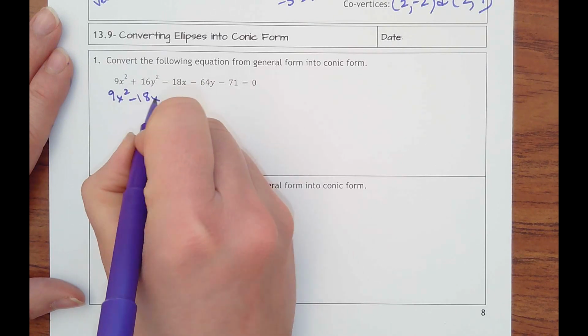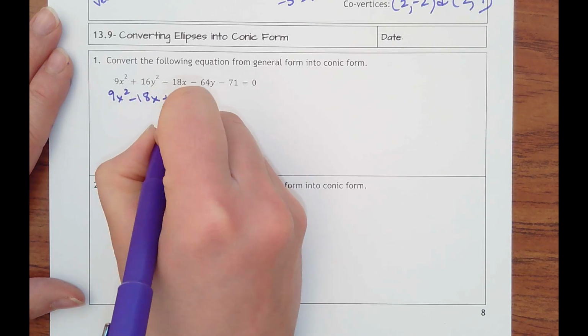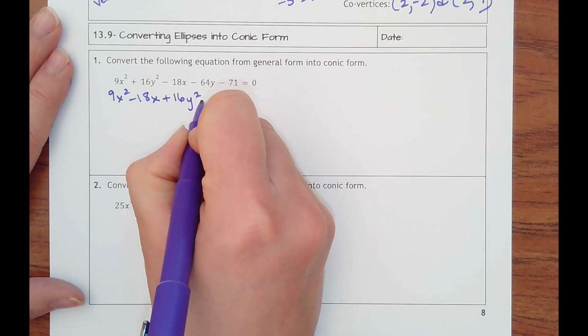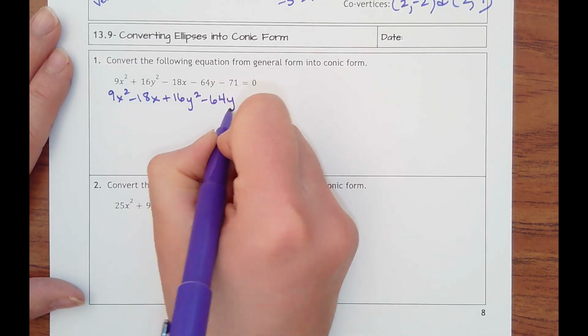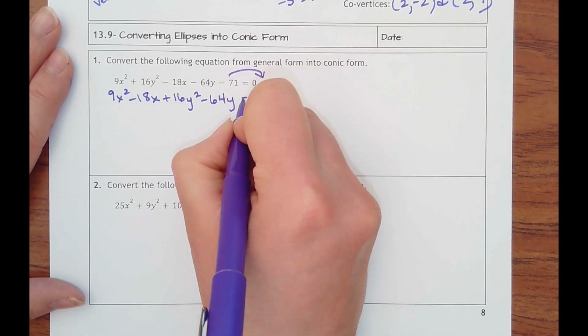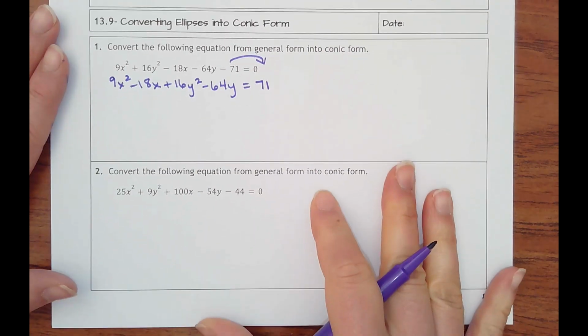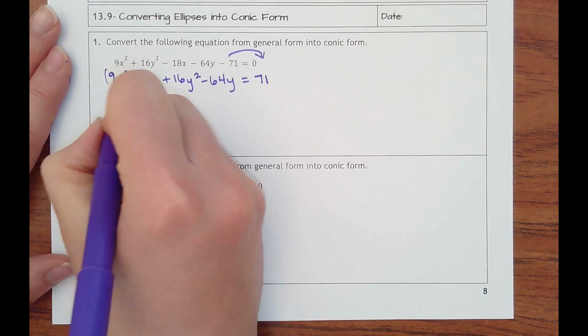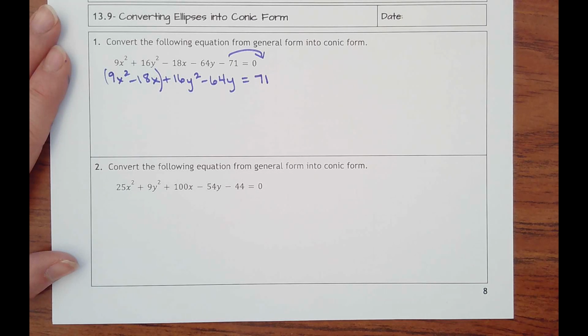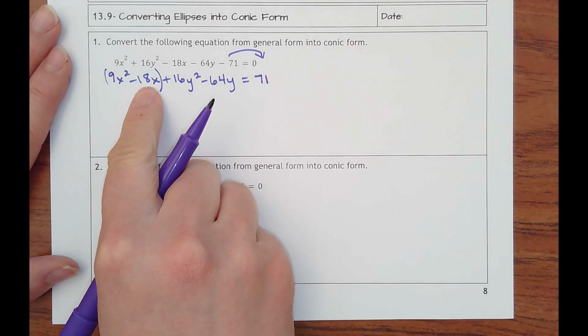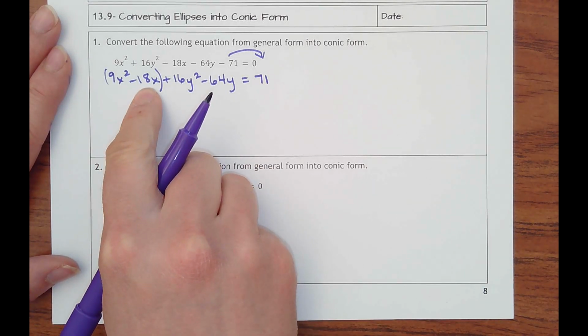So I have my x squared, my x, and then my y squared, my y, and then I always move the constant to the other side. So now it's positive 71. Okay, so out of these two terms, it's not like completely taking a GCF because you don't want to take the x out. You just want to do the GCF of the coefficients, the numbers.